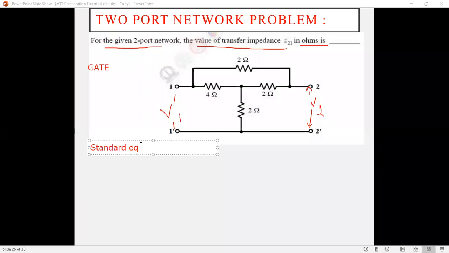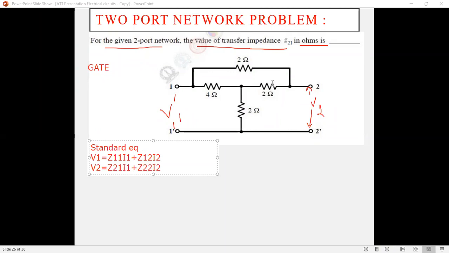The second equation is V2 equals Z21 into I1 plus Z22 into I2.